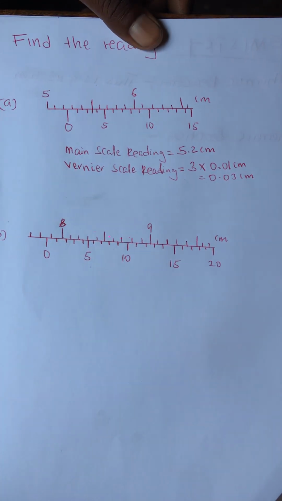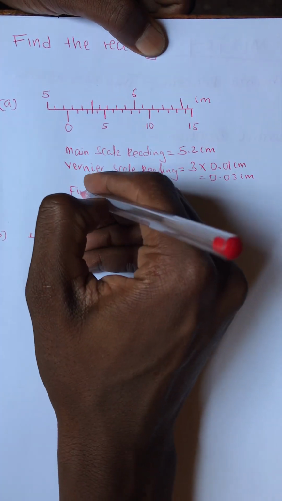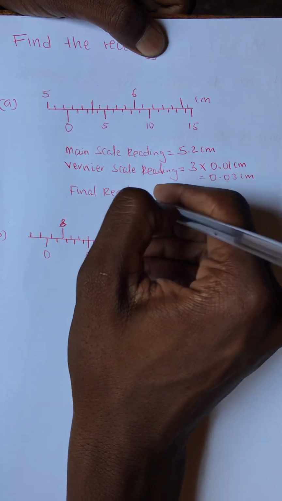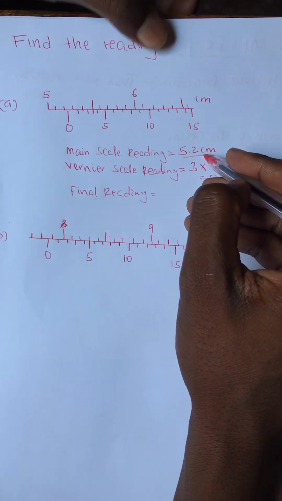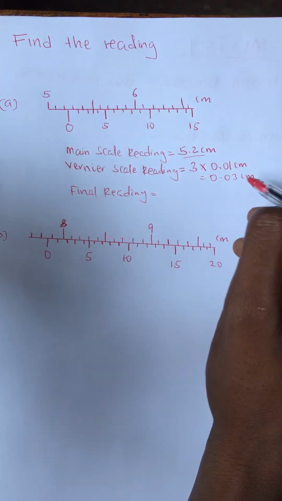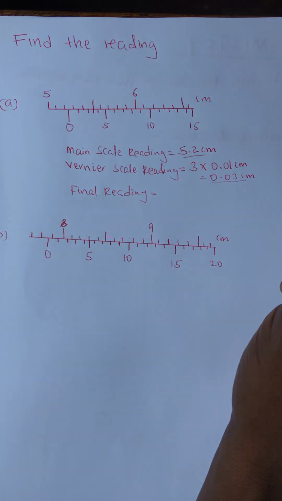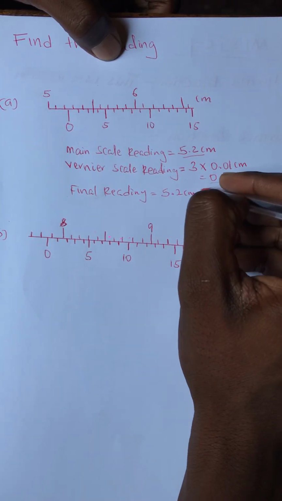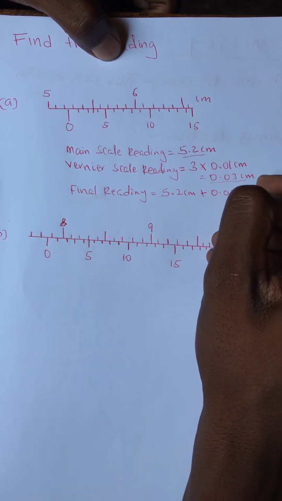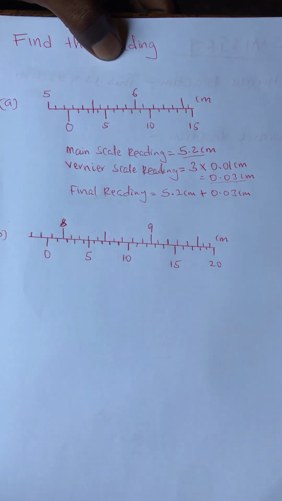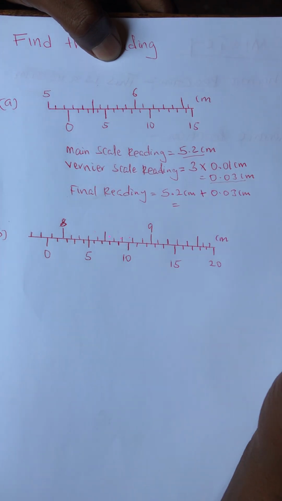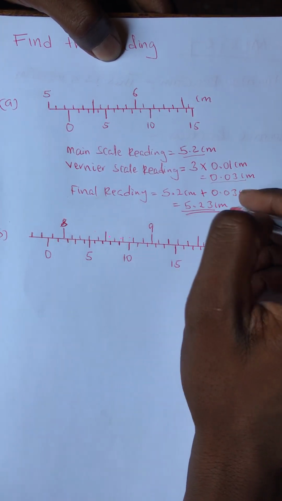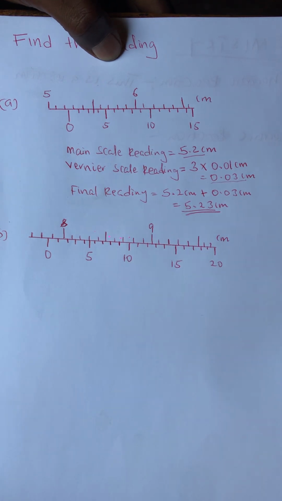From there, to get the final reading, you add the main scale reading to this value from the Vernier scale. So 5.2 centimeters plus 0.03 centimeters, and the answer will be 5.23 centimeters.